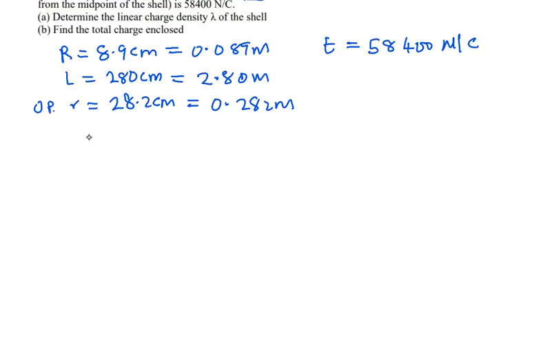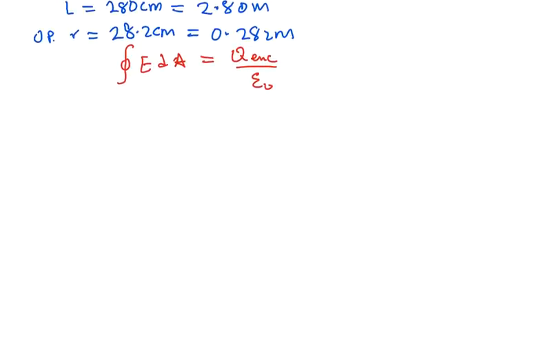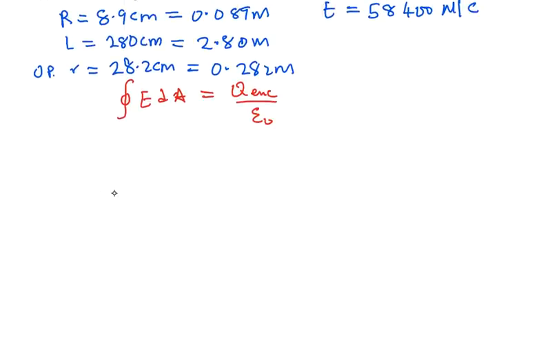For Gauss's law, we have that the closed integral of E dA is equal to Q enclosed divided by permittivity of free space. But remember, the question says the charge is uniformly distributed, so we don't have to integrate, we don't have to worry about integration.